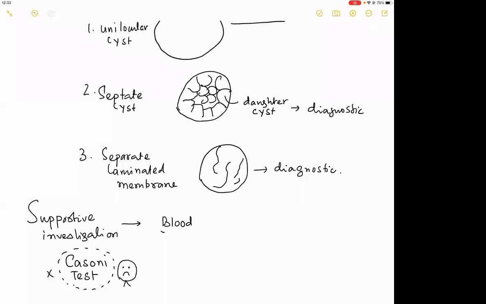Now talk about blood tests, where you go for something called ELISA for echinococcal antigen, not antibody, antigen, technically called ARC5.